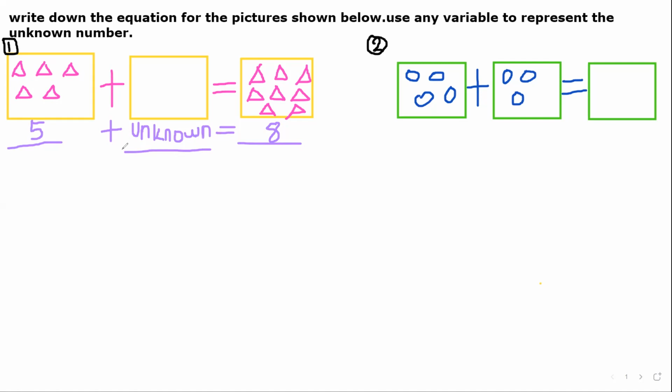But because you are going to use the equation, let's choose a variable to represent the unknown here.